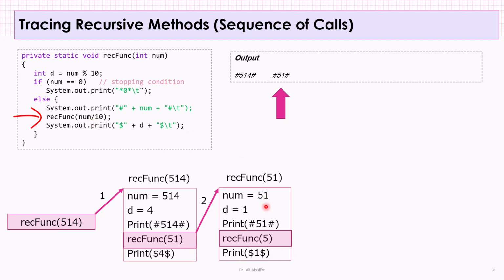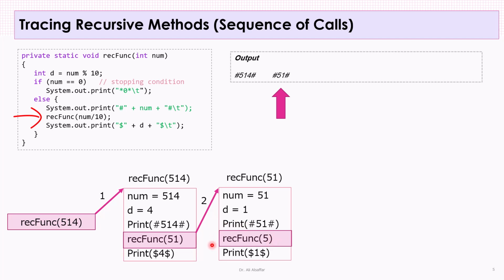So num is equal to 51 divided by 10. As we mentioned, integer over integer is an integer, so the value of num divided by 10 is 5. So we are going to call the same method with input parameter 5.